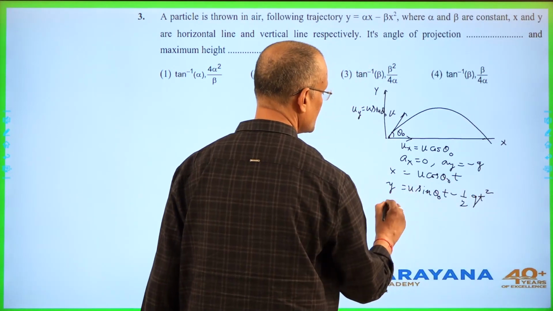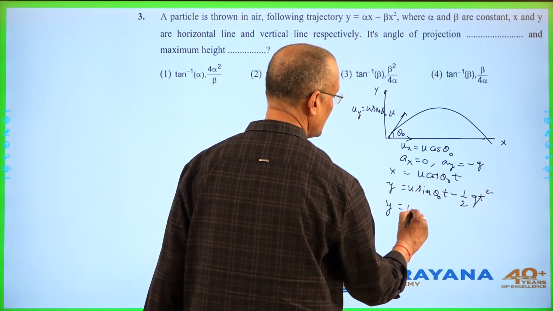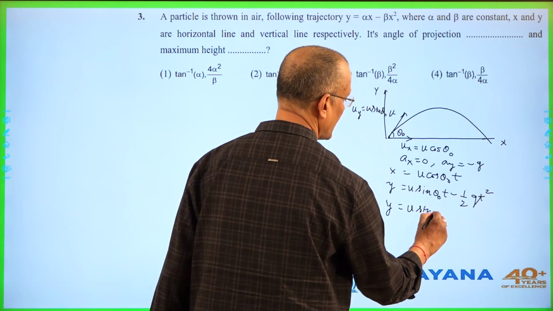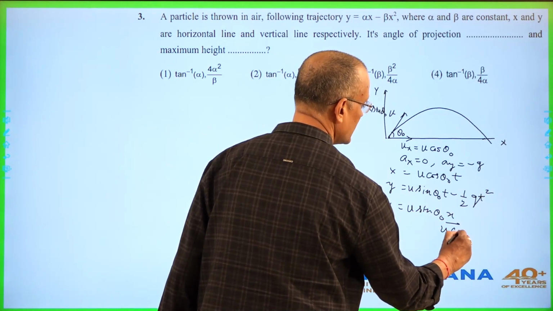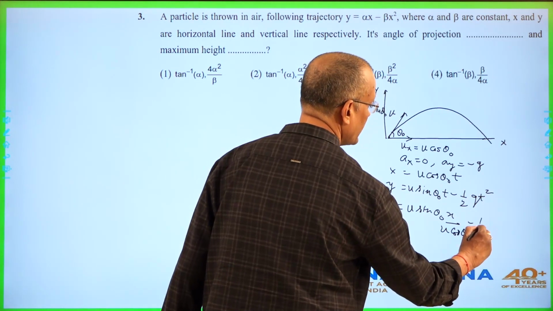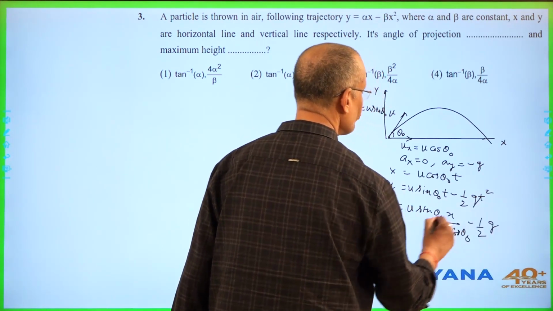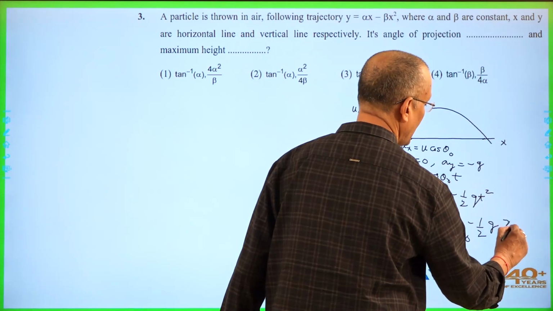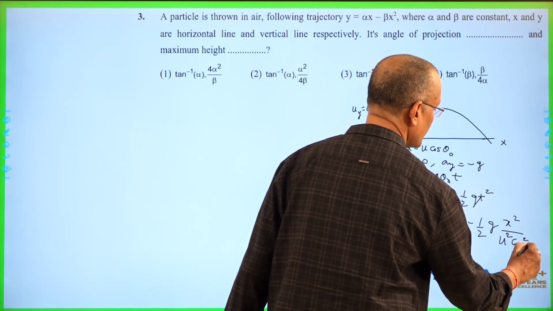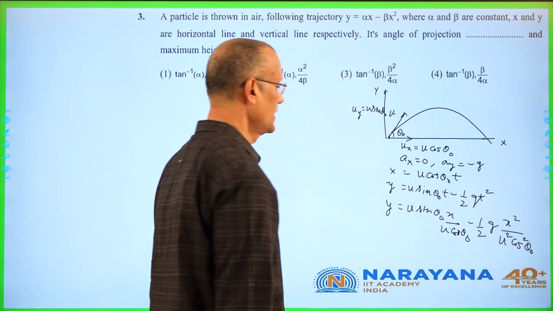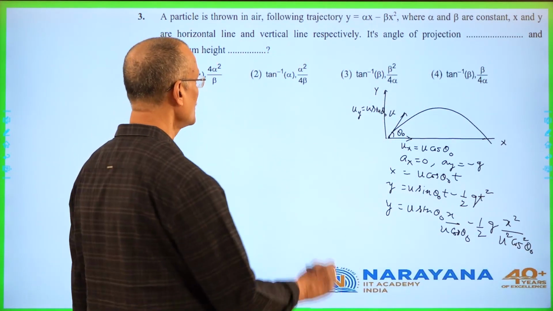If I substitute the value of t, u sin theta naught x by u cos theta naught minus half g x squared by u squared cos squared theta naught. Am I right? So what are you getting?